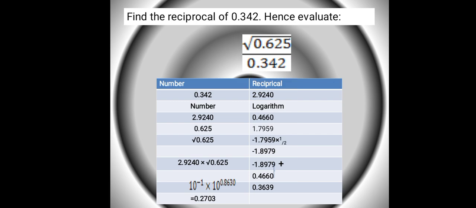The logarithm of the square root of 0.625 is 1.7959 multiplied by half, which gives us 1.8979. Now add the two, we get 0.3639 as the logarithm. Find the antilogarithm. The answer is 0.2703.